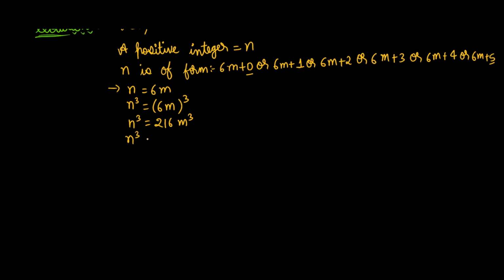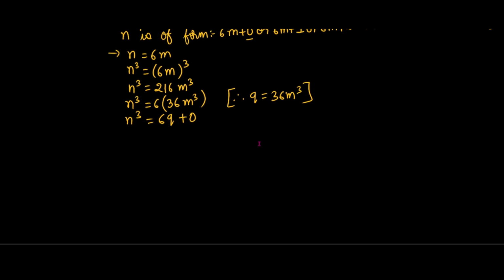So n cube is equal to, 6 is common, so 6 into 36 m cube. So we will write here n cube is equal to 6 into 36 m cube. So n cube is equal to 6q plus r. So r will be 0. So moving towards the next step.